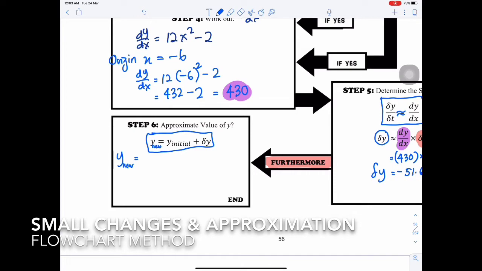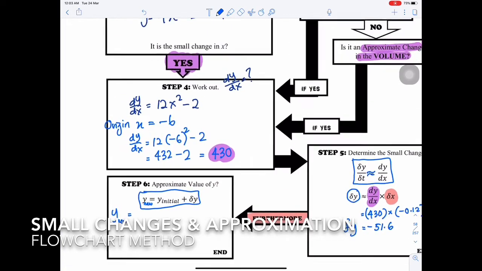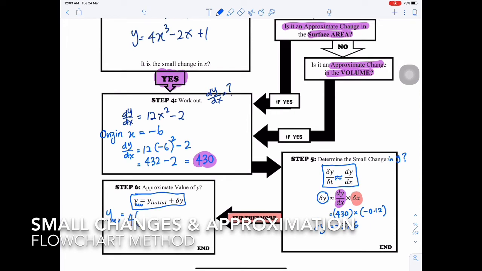So the function: 4 times negative 6 to the power of 3 minus 2 times negative 6 plus 1, plus negative 51.6. Okay, so you calculate, and then you will get the value of y new.